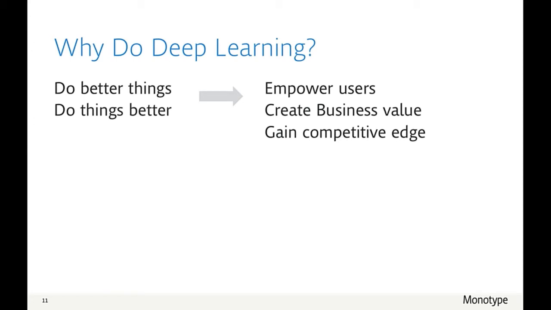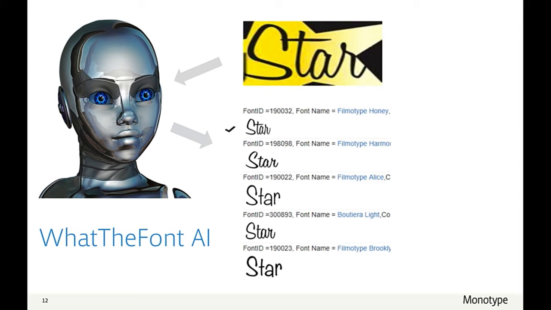So the WhatTheFont AI itself, we show it an image of some letters from some font. It does some computation through its neural nets, and out comes a list of the most likely matches.